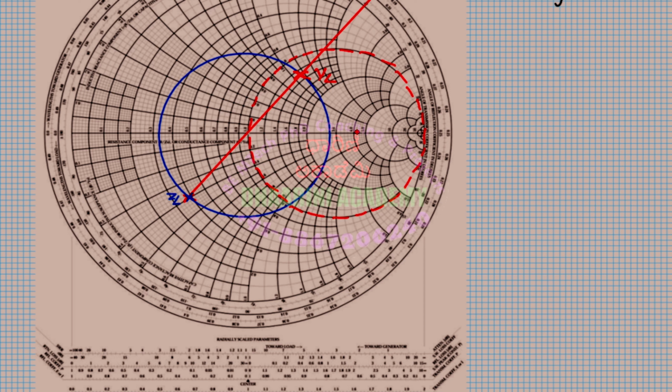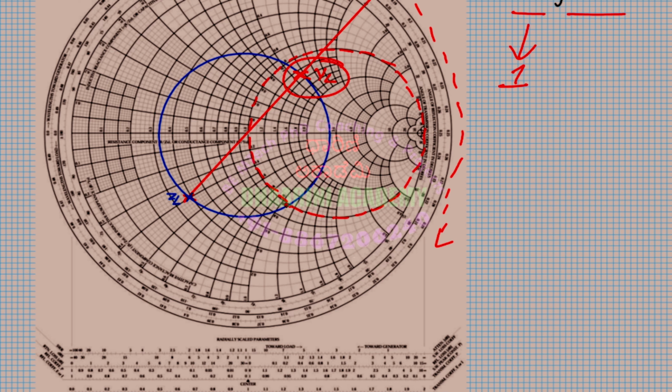That means from this YL I have to come towards the generator, so that I will reach a point where YL has two parts, that is 1.1 plus something, and this simply becomes 1. How do I do that? You move like this so that you reach a point where it is equal to 1.